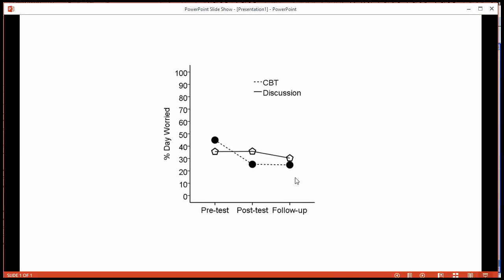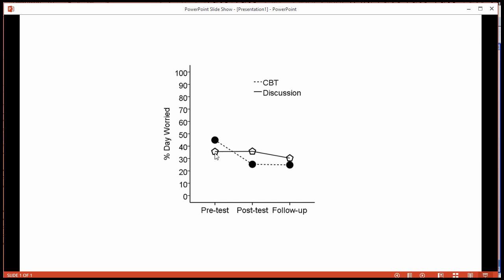Now, I mentioned in the textbook that Weatherall et al. would be a little bit concerned, I think, that this difference was not statistically significant. So at post-test, the participants in the CBT group's anxiety levels was not statistically significantly lower than the discussion group anxiety level mean. Ideally, this would be statistically significant. It's not necessary to observe it as significant because the interaction is ultimately the firmest evidence to suggest that the treatment is possibly efficacious.